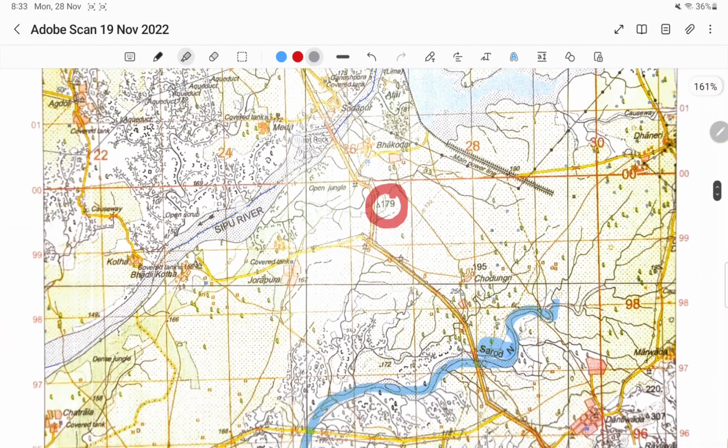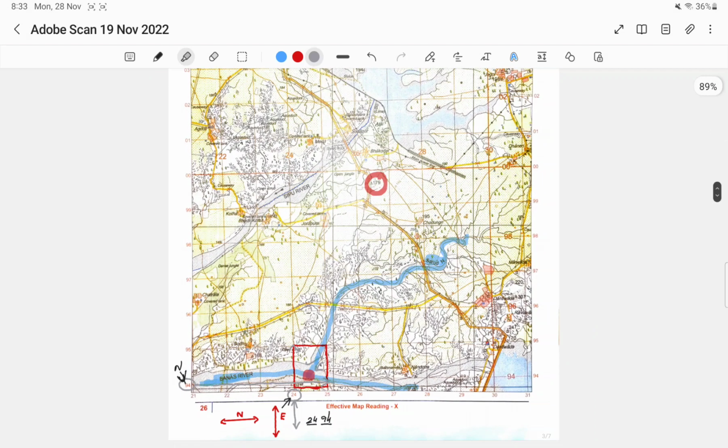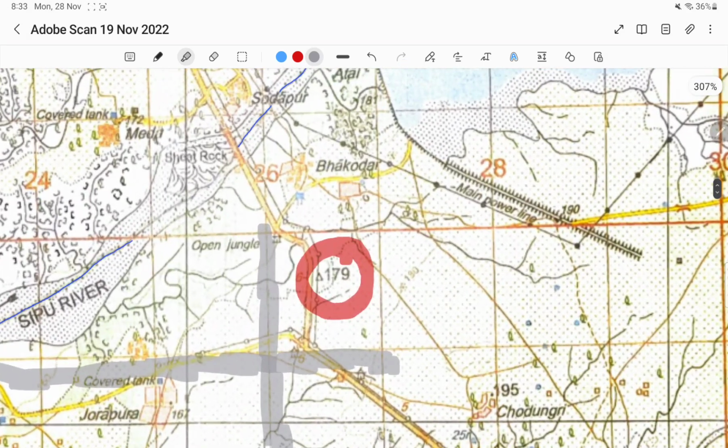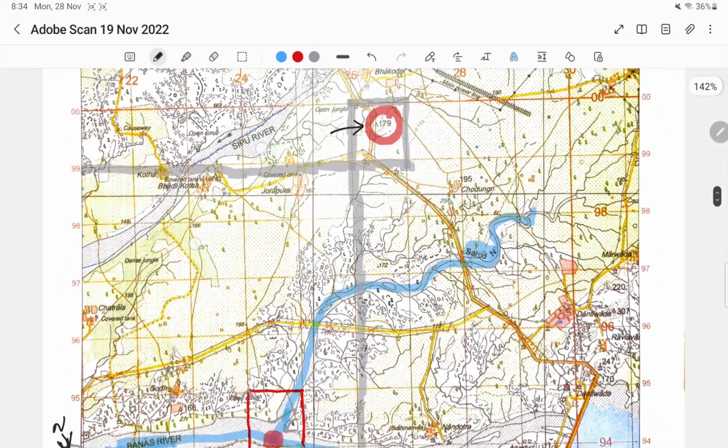Now let's find out the four-figure grid reference for this particular triangulated height. The lines which run from top to bottom are counted first. So this is the particular easting, and this is the northing for this point. So this will be the particular grid square which we are talking about. What will be the answer?